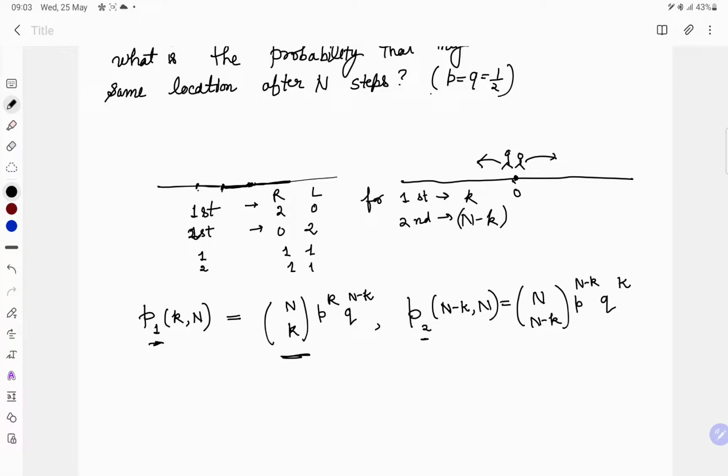So the joint probability of these two events occurring simultaneously is simply the product of the probabilities p1 and p2.